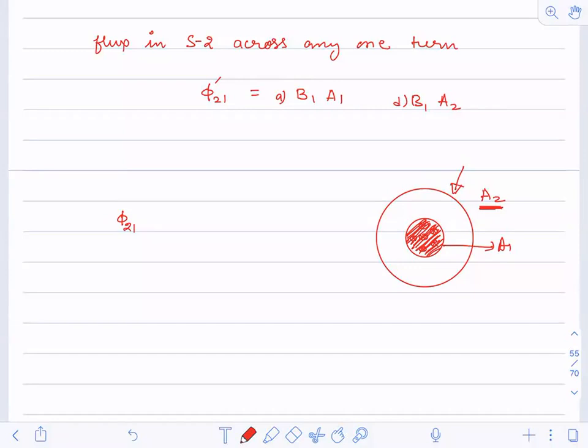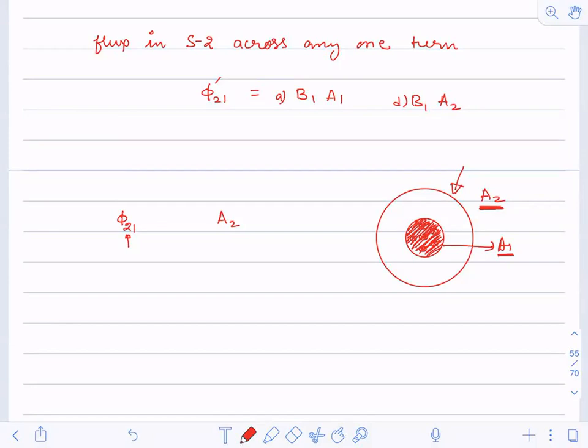It's correct that we are calculating the flux for 2, so I should write A2, but try to understand one thing. Are the magnetic field lines passing through the complete region, or through only this area? Is it passing through A2 or through A1 only?